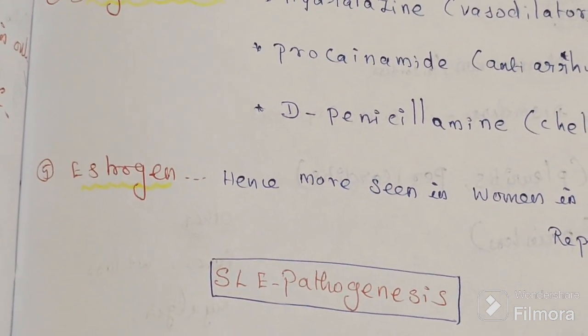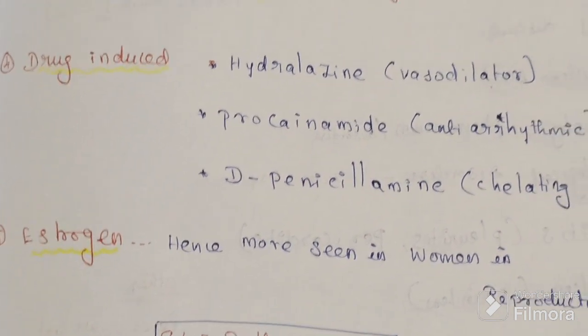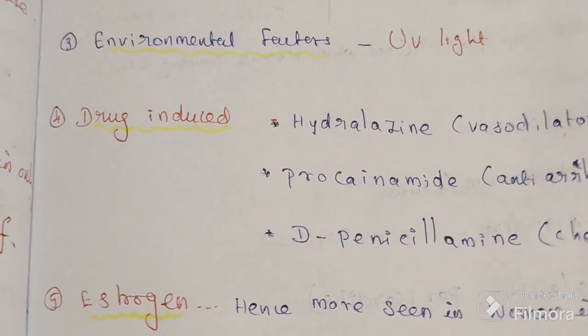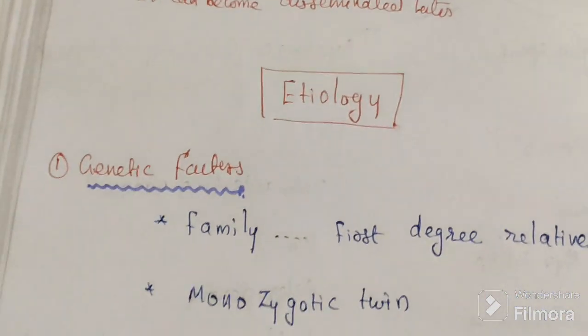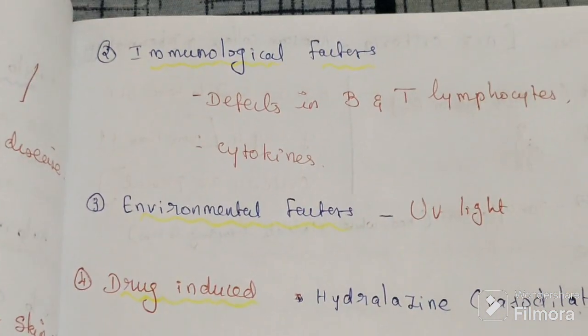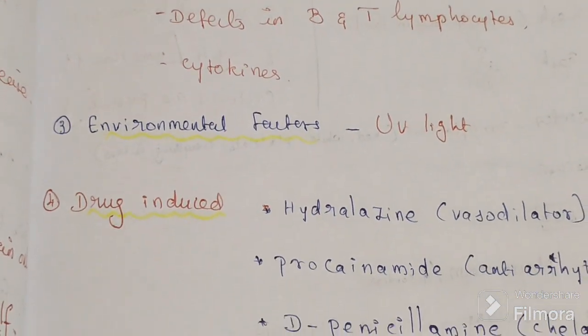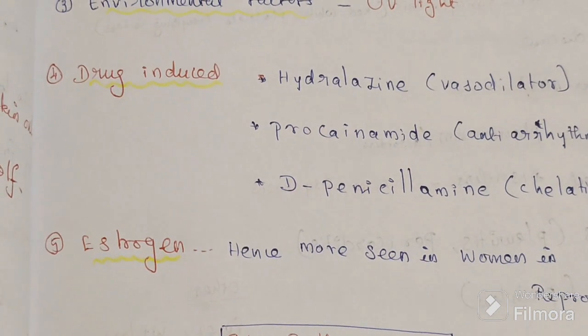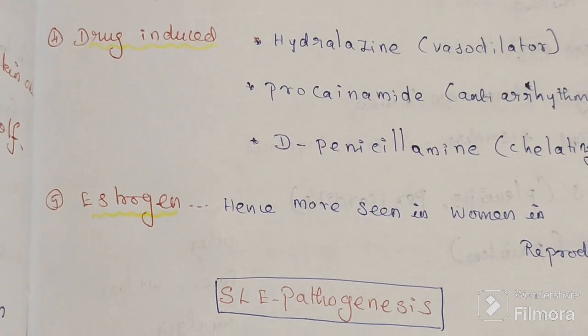Then estrogens can induce SLE. So what are the etiologies? Genetic factors, immunological factors, environmental factors, drugs and estrogens.